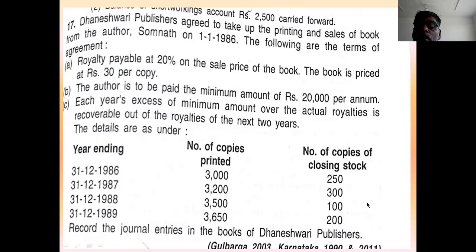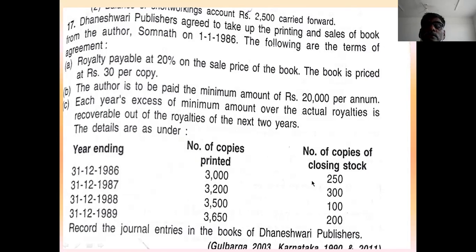Don't directly apply the rate of royalty to the number of copies printed, because the rate of royalty is on the sales. Therefore, first we have to calculate sales. Then in the second step, we have to calculate the royalty chart. Then whatever they asked, you pass the journal entries in the books of Daneshwari Publisher. Daneshwari Publisher is the lessee. Journal entries you have to prepare in the books of lessee.